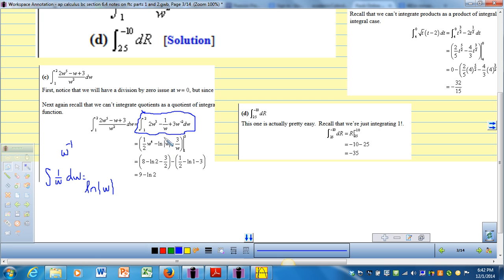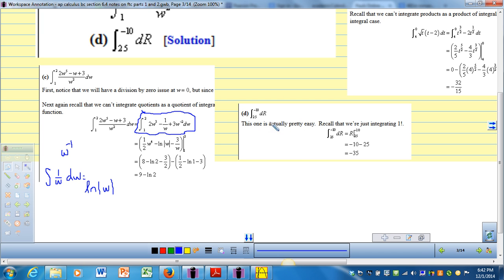So that's why you'll always see the natural log of the absolute value of the expression in your solution. And so then we take the antiderivative of 3w to the negative 2, which would be 3w to the negative 1 over negative 1. And we have this form of our antiderivative to be evaluated between 1 and 2. Plug in 2, plug in 1, and subtract.